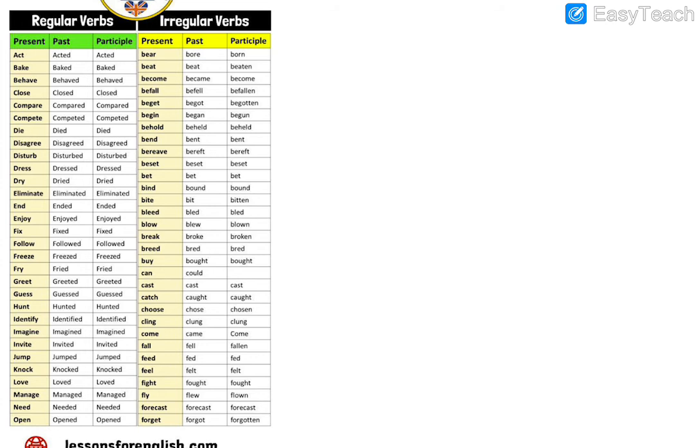Okay, this is the form of verbs that I told you. This is the present, past, and participle. And there are 2 types of verbs, regular and irregular verbs.